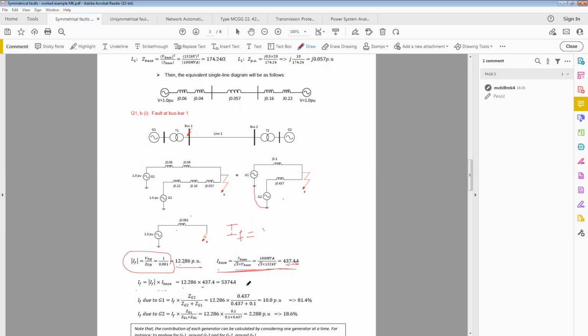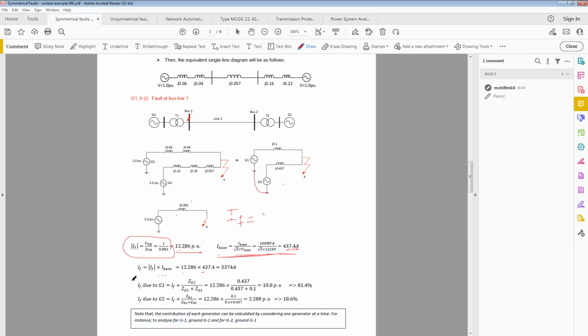We can also calculate the individual contribution of these two generators, from here to the fault point, and from here to the fault point, because we know the total fault current at bus 1.